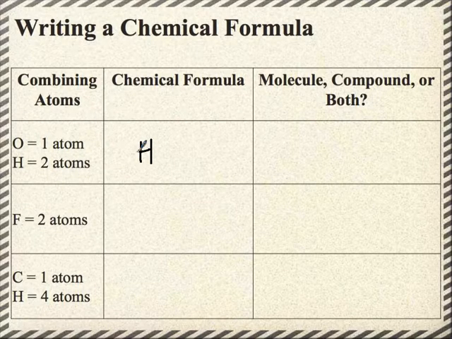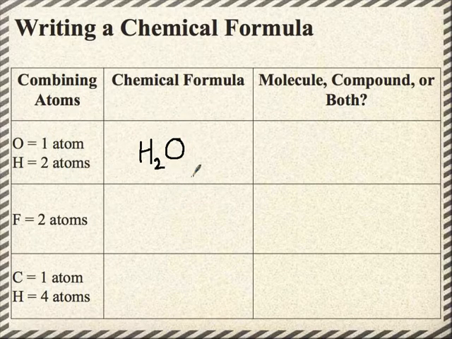Now, you might not know the difference between which one goes first. I will get into that a little bit later. But I know that H equals, and it says two atoms. So the way I write that there's two atoms is I would put H and then I would subscript the 2. This 2 right here tells me that there's 2 hydrogen atoms. And that's combining with 1 oxygen atom. So H2O. There you go.